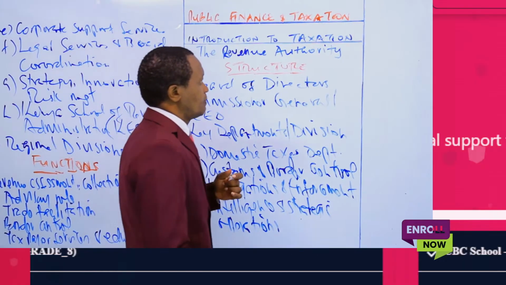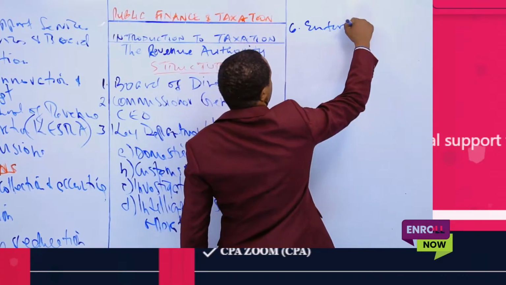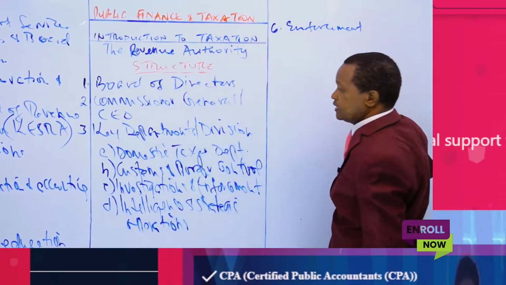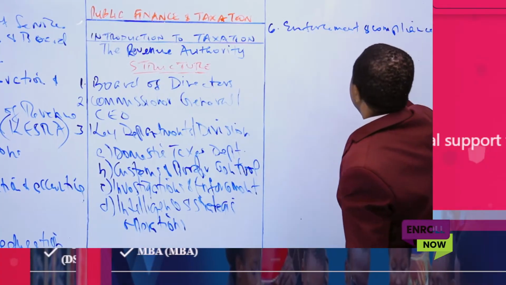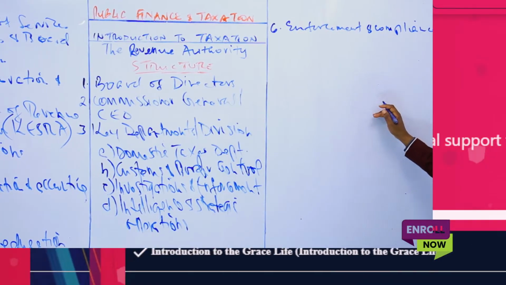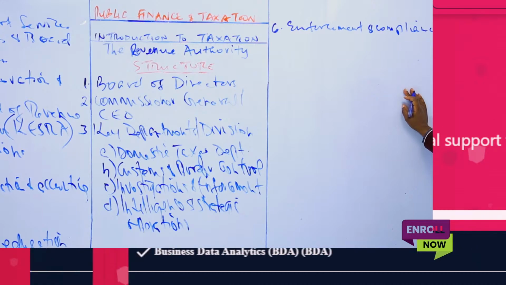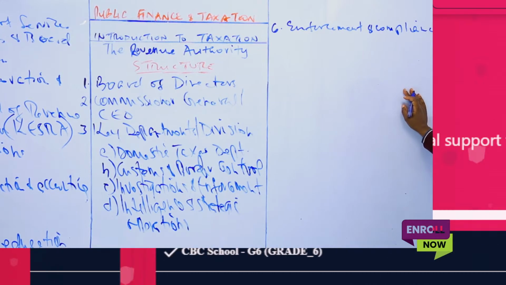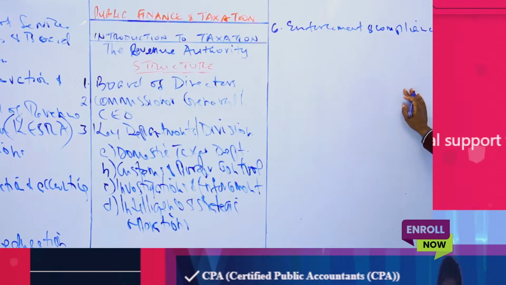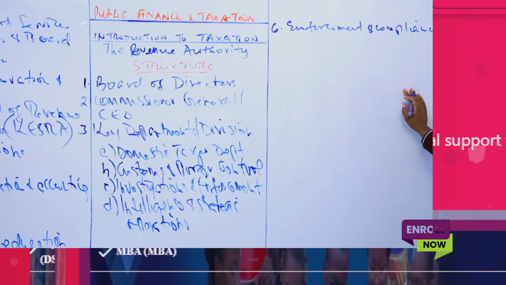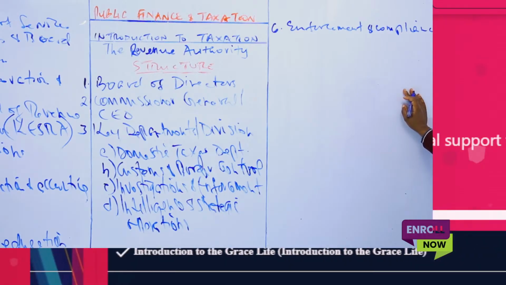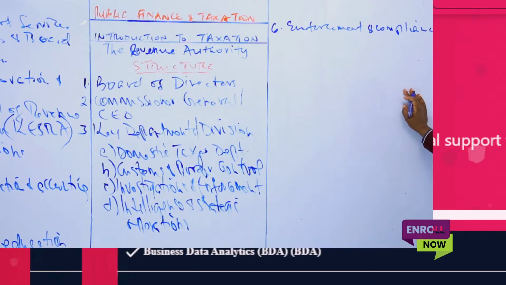Then you have enforcement, number 6. Enforcement and compliance. To ensure compliance with tax laws and customs laws through audits, through investigations, and application of penalties for non-compliance is a role that the Kenya Revenue Authority also plays.